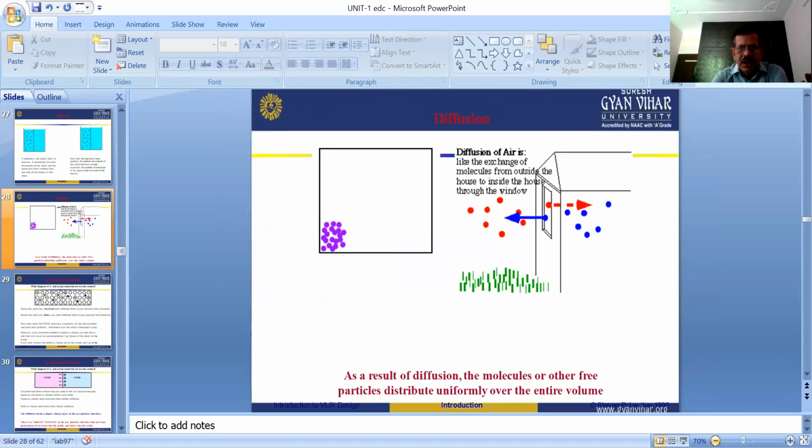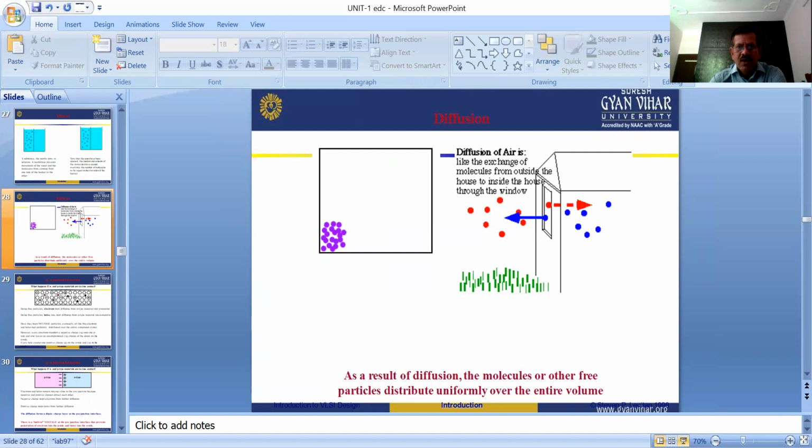You see here, as a result of diffusion, the molecules or other free particles distribute uniformly over the entire volume. Here is the diffusion of air, like the exchange of molecules from outside the house to inside the house through the window.